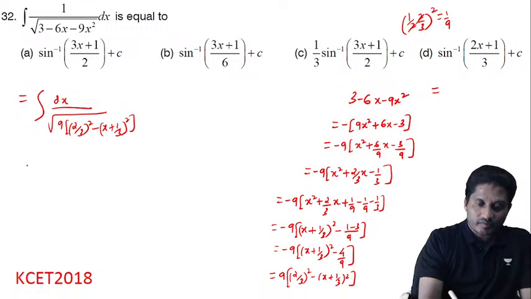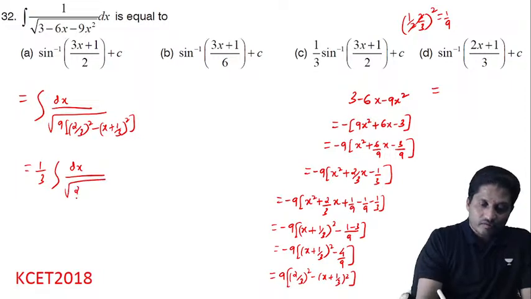And 9 is under the root, take it out, you get 3. dx divided by root of 2 by 3 the whole square minus x plus 1 by 3 the whole square.